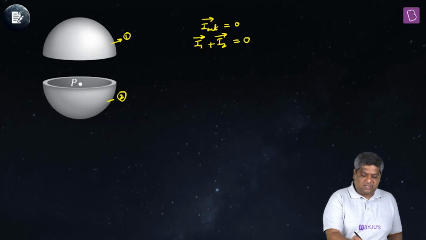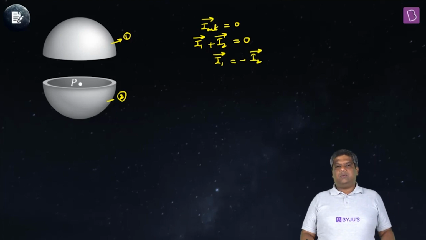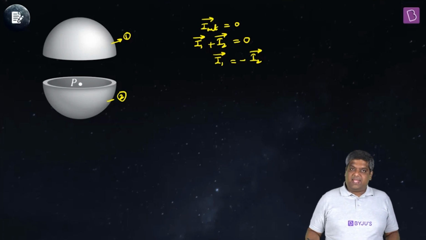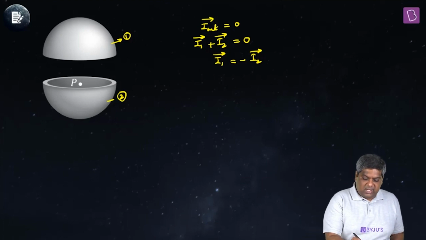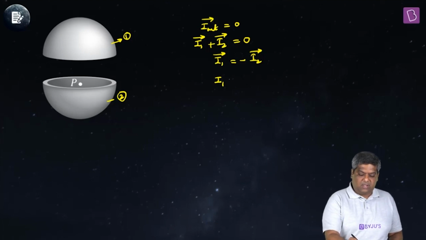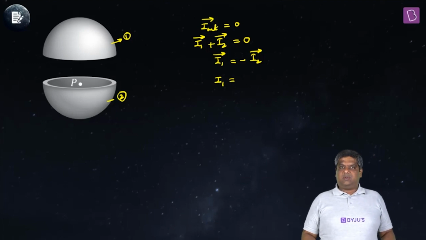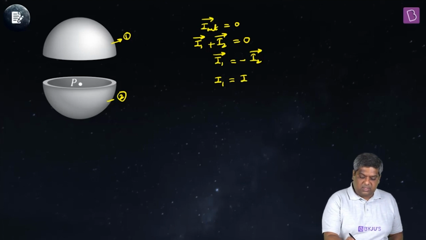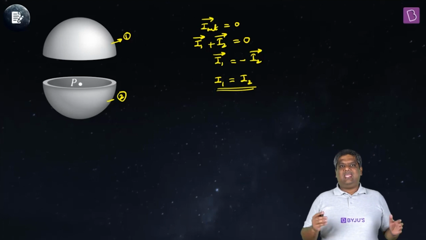Or in other words, the field due to 1 must be equal and opposite to the field due to 2. Taking the magnitudes, the magnitude of I1 is equal to the modulus of minus I2 vector, which is just the magnitude of I2. So the two magnitudes must be equal.